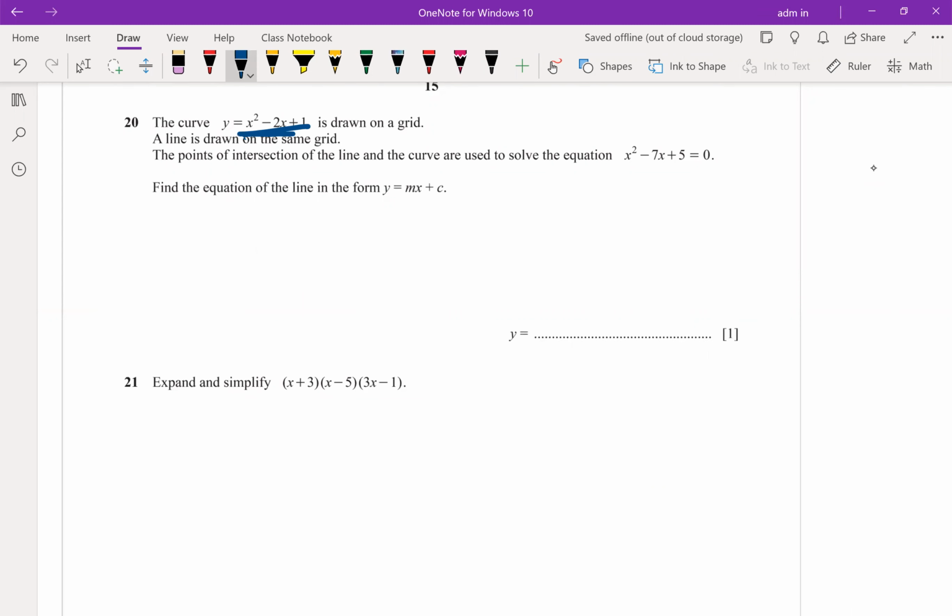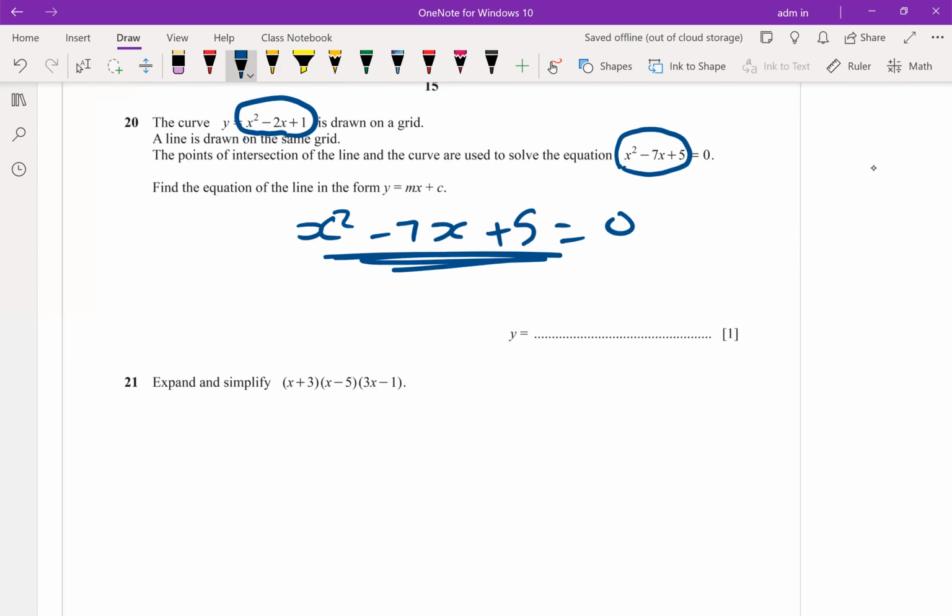Start with this equation, it's given graphically. Is it the same function? Is it the same? It's not. If we start with the left-hand side, x squared minus 7x plus 5 is equal to 0. How to rearrange this expression to be exactly the same as this expression? Start to add or subtract. X squared, is it the same?